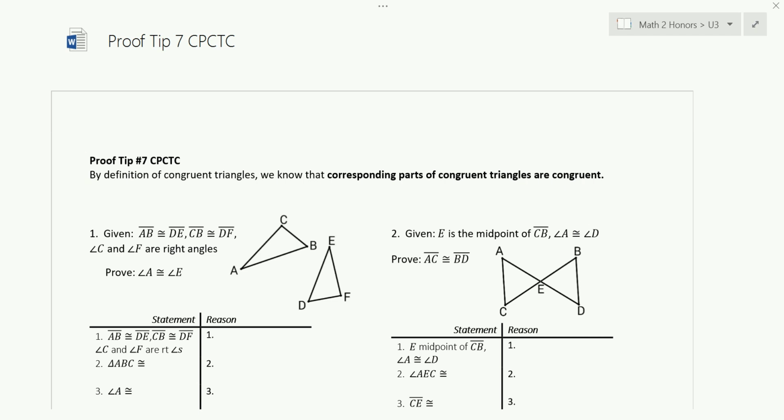And if you remember, to do that we first had to prove triangles congruent. Then we said, because the triangles are congruent, what does that mean? That means all the parts are congruent. And how many parts are in a triangle? 6 parts.